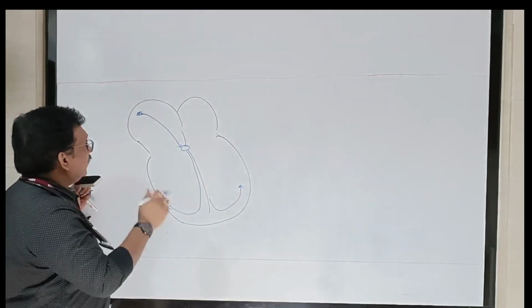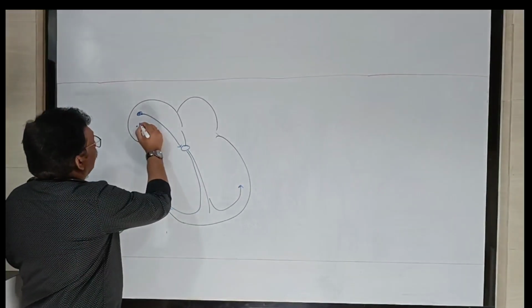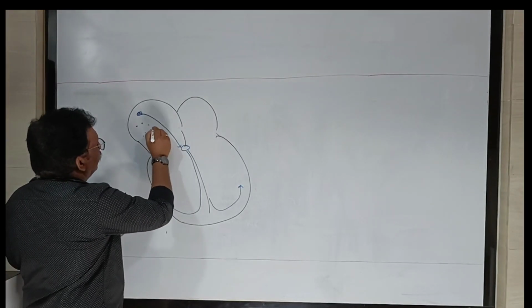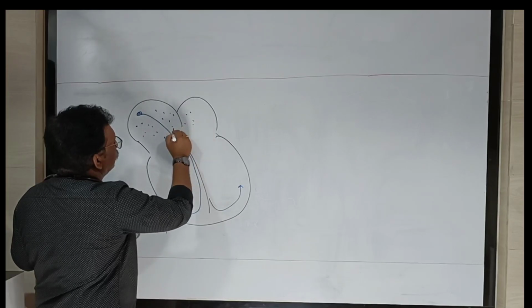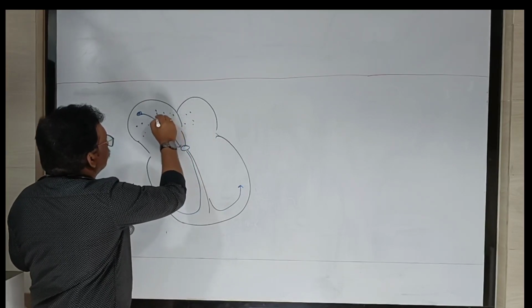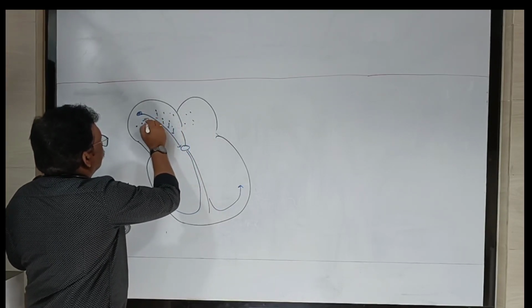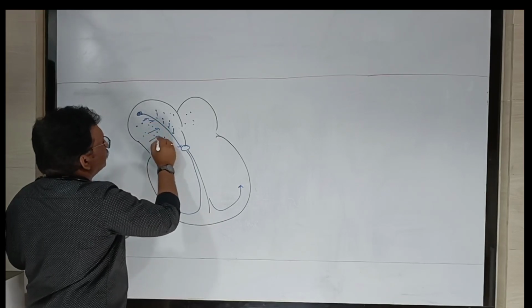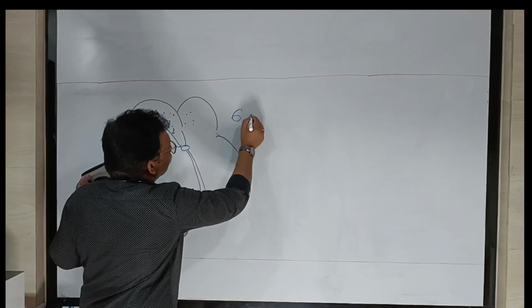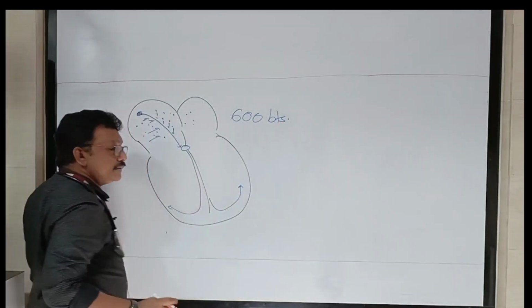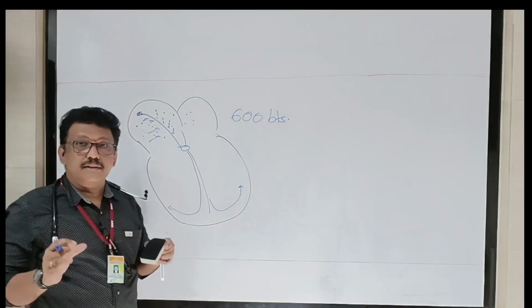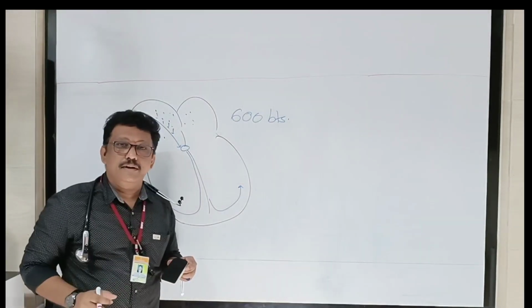But in atrial fibrillation, there are multiple foci in the atrium. They all try to send electrical stimuli to the conduction system. So the atrium is beating at a rate of 600 beats per minute. Normally it is 70 or 80.